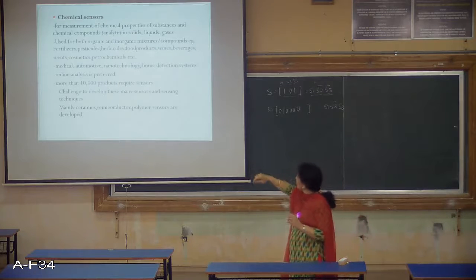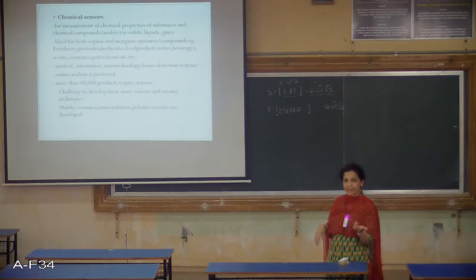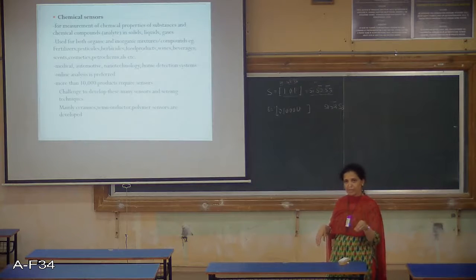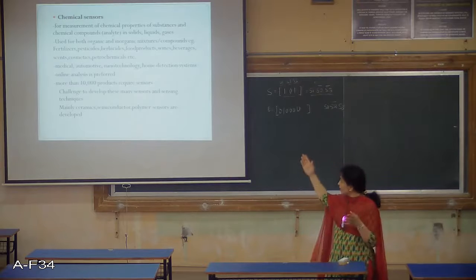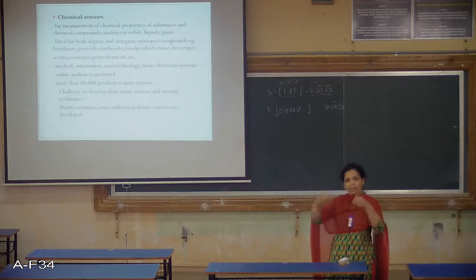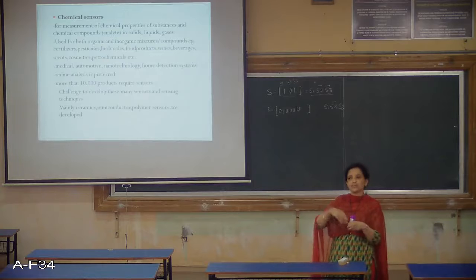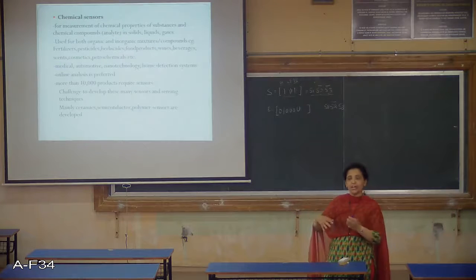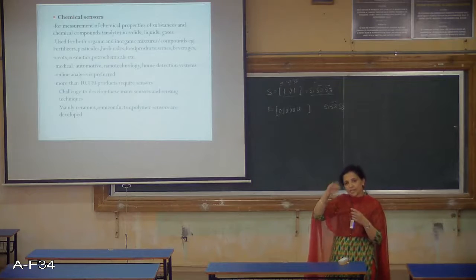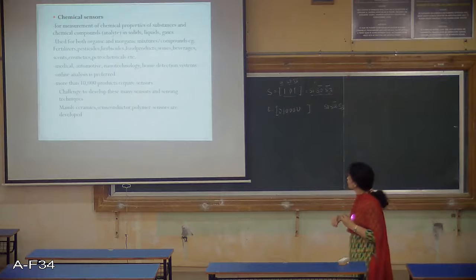Examples are fertilizers, which are not necessarily compounds. Some of them may be compounds of potassium, nitrogen, oxygen, all those things, and some of them may be simply a mixture. The organic composts are simply mixtures of some leaves or even dried fishes and all. For such mixtures, how much is each percentage? To test that, these chemical sensors are used.